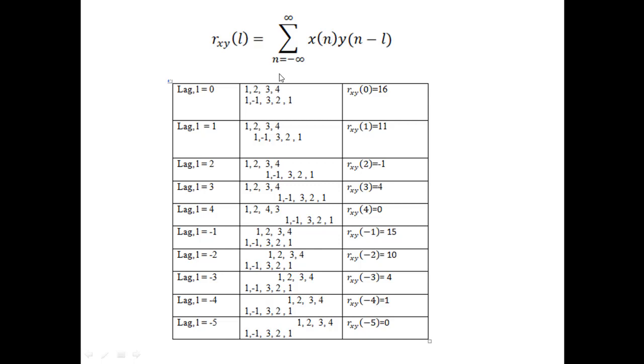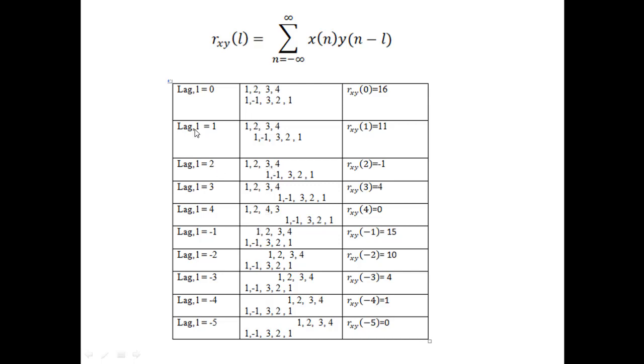So we have x of n as 1 2 3 4, and we have y of n as 1 minus 1 3 2 1. Now without any lag, x of n is as it is and y of n is in that place only. So what we do is we take the sum of products. 1 into 1 plus 2 into minus 1 plus 3 into 3 plus 4 into 2 plus 1 into 0, which we end up with 16, right? And this sum of product is happening for each and every output sample.